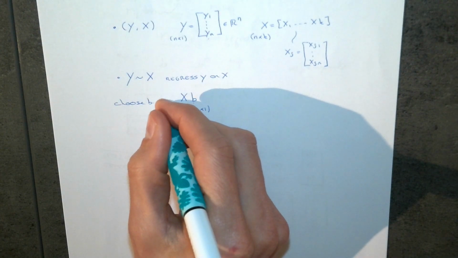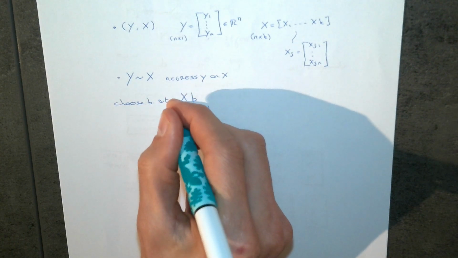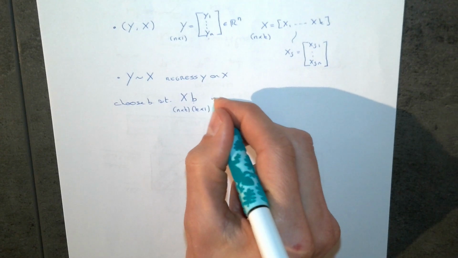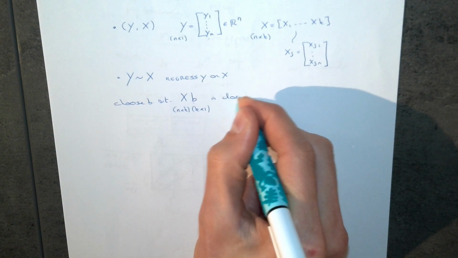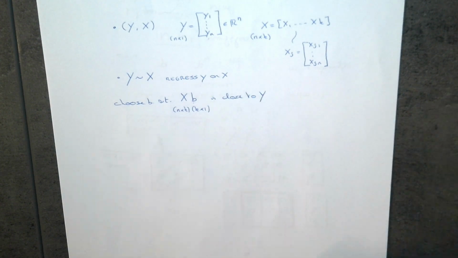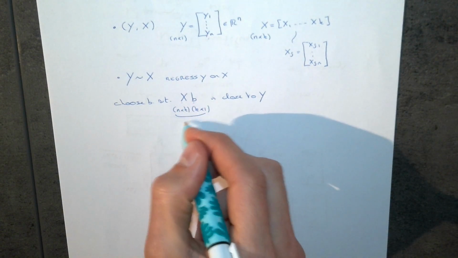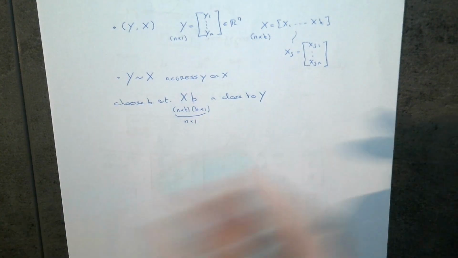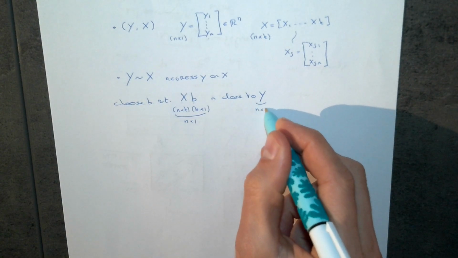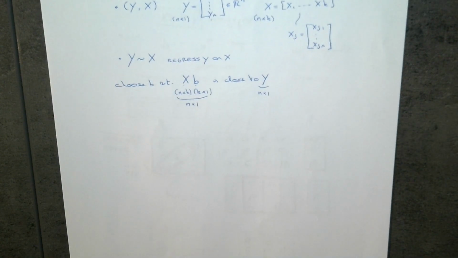Okay, so we're going to choose b such that x times b is close to y. Close to y, basically we're going to say that the distance between this vector here, of size n times 1, and this vector here, of size n times 1, is going to be as small as possible.